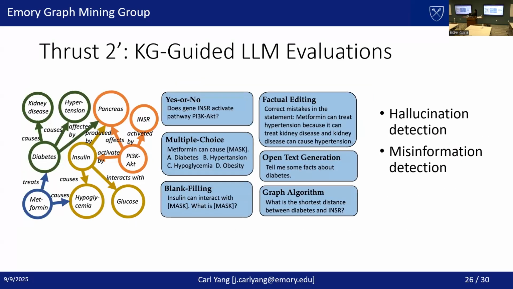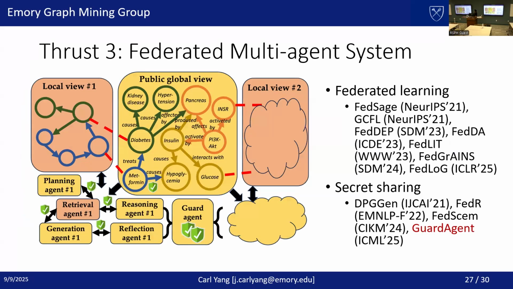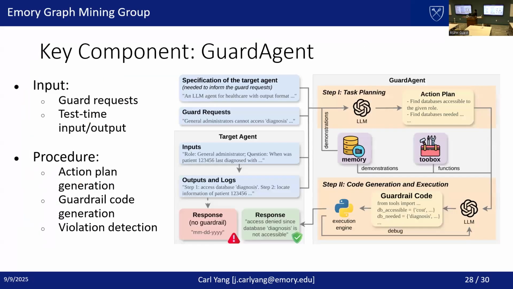But we can also use knowledge graph to evaluate the language models at scale. And this is a federated learning system. I don't want to go much deeper into it. It has some major components to make sure your conversation is private, and that each of your agents, no matter whether it's a large language model agent or a human agent, is not talking about things they should not be talking about.